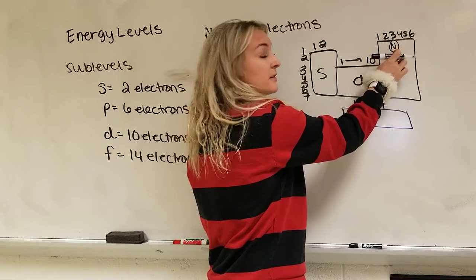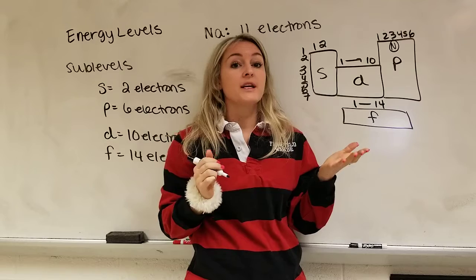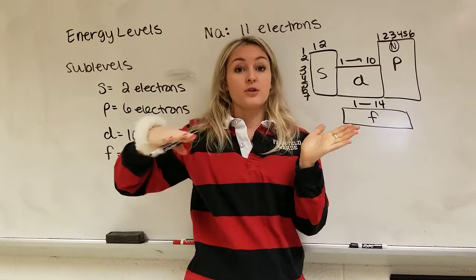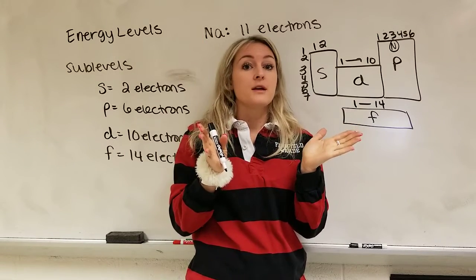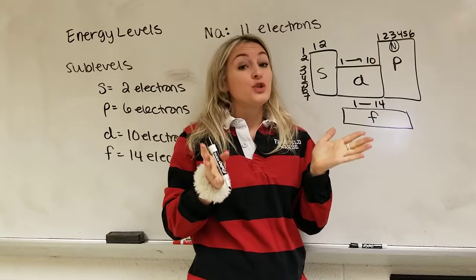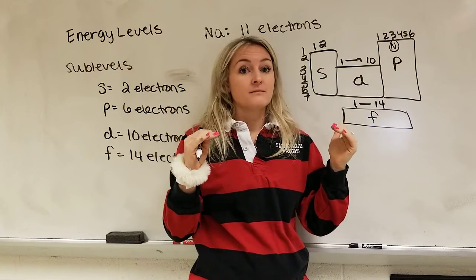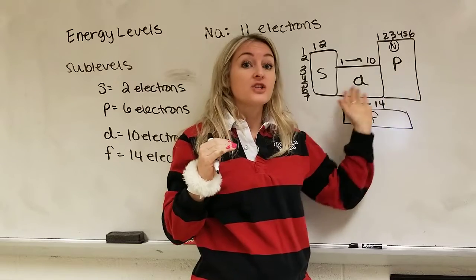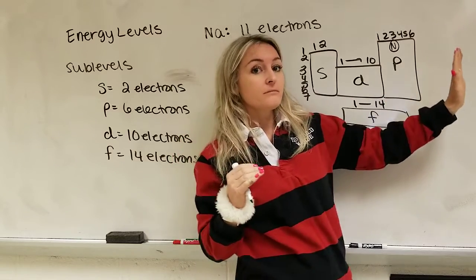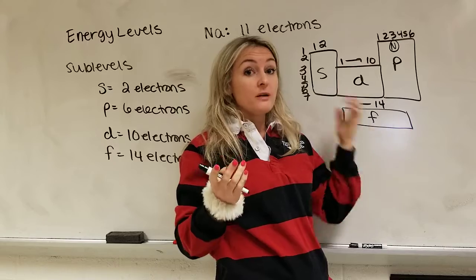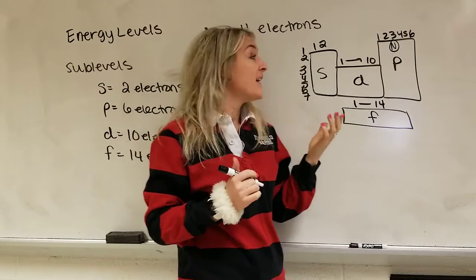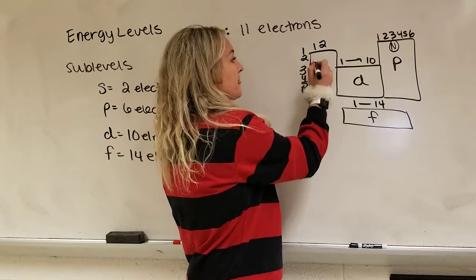So nitrogen, if you treat the periodic table like you're playing Battleship, it's almost a grid going this way and a grid going this way. It's going to end with 2p3 because it's the second row, it's in the P block, and it's the third column over for nitrogen.